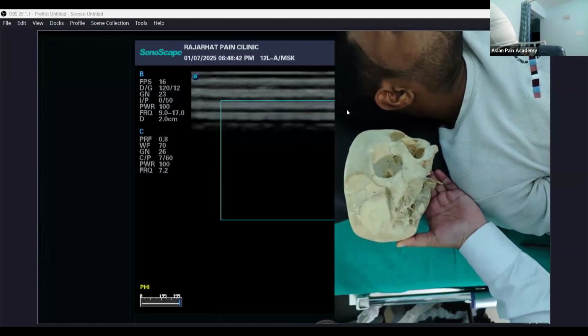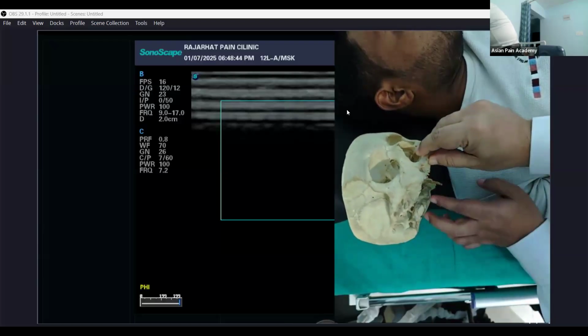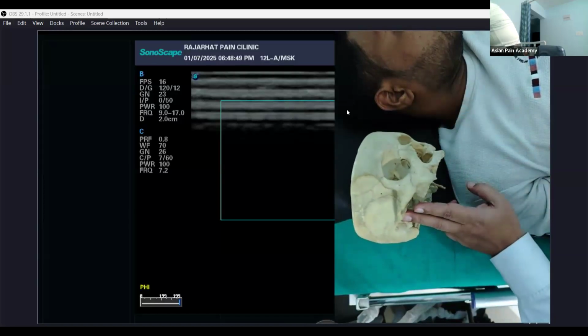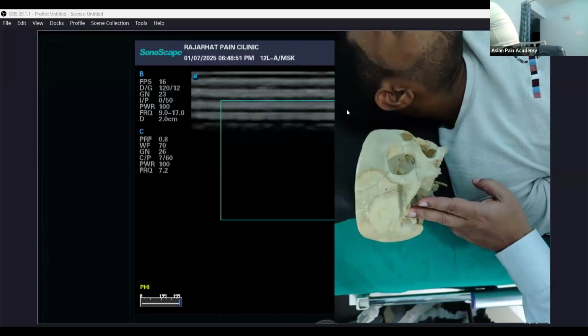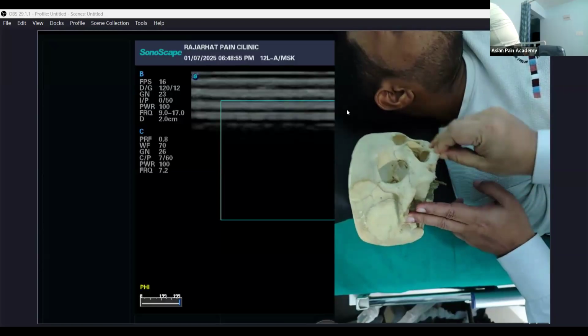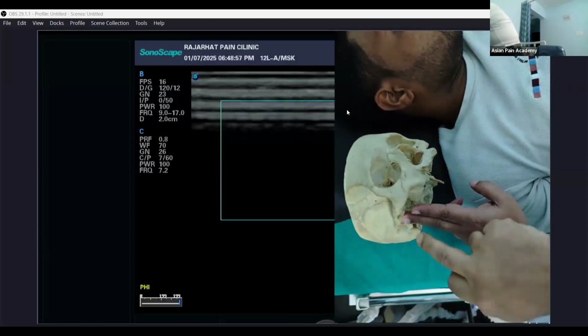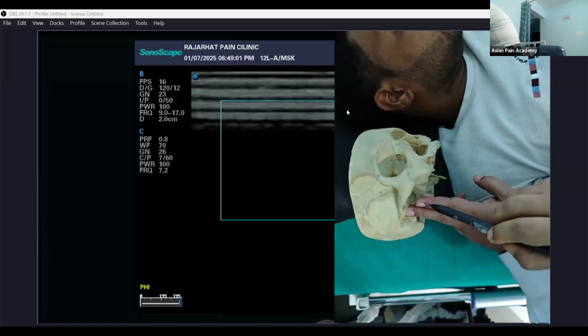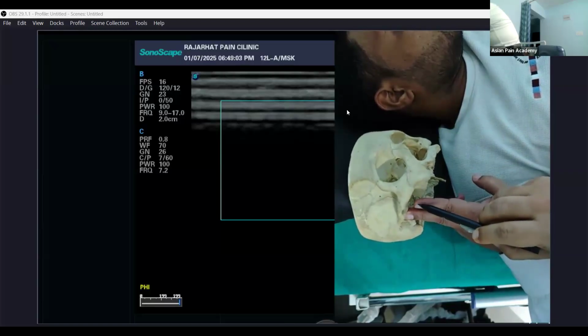Now if I put my two fingers here, as the mandible has a condylar process and a coronoid process, think of this one as the condylar process and this one as the coronoid process.